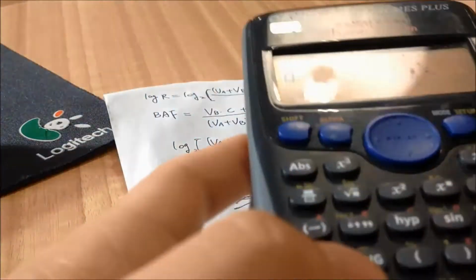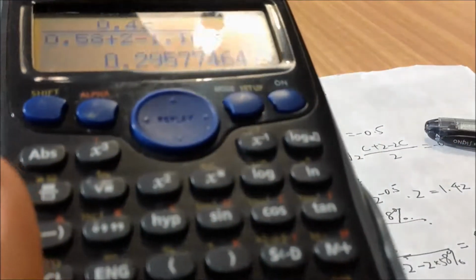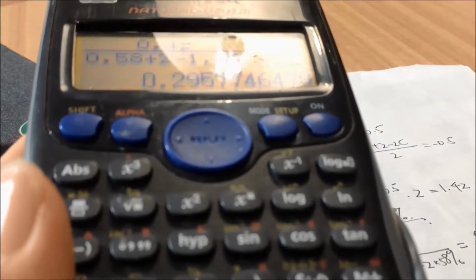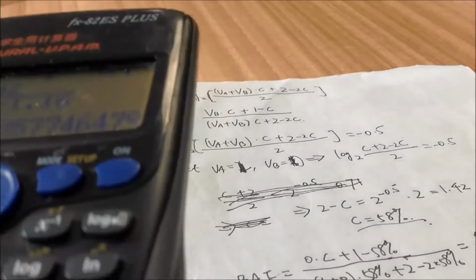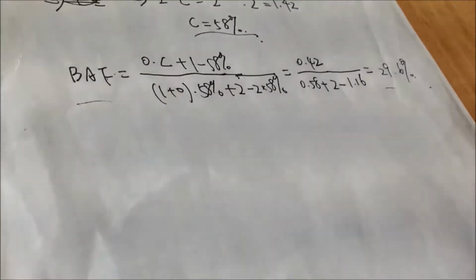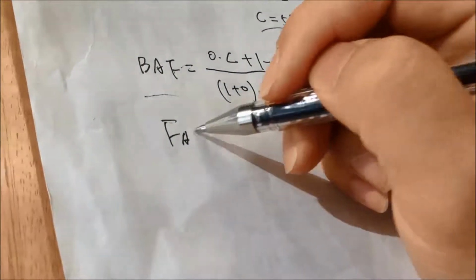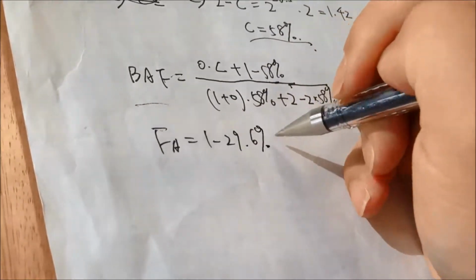If you calculate it, it will be 29.6% for the B allele frequency. And in this case, because B allele frequency is this one, we can get the allele frequency for the other allele. Say the frequency of A equals 1 minus this value, 70.4%.